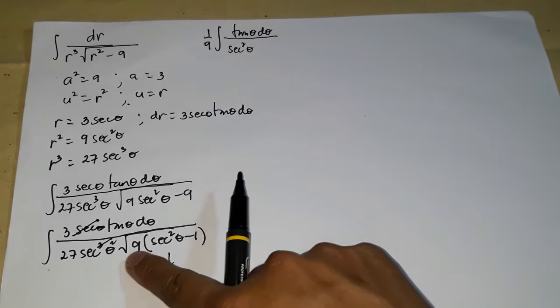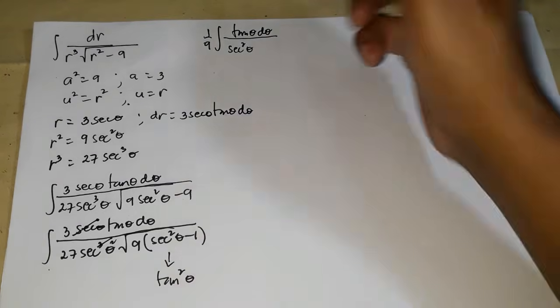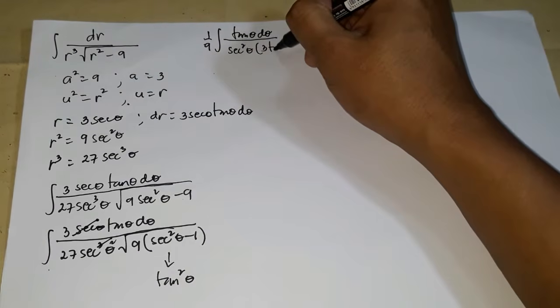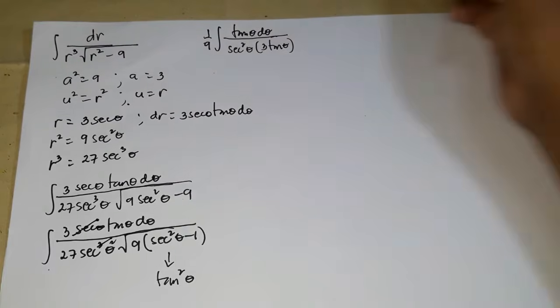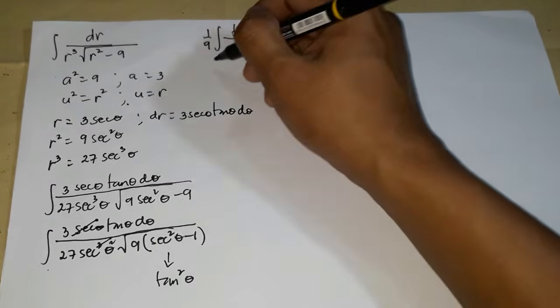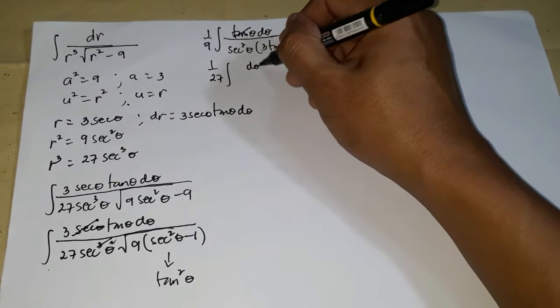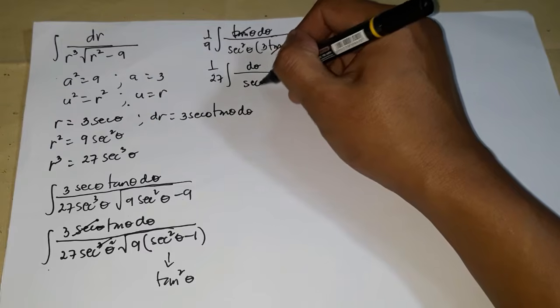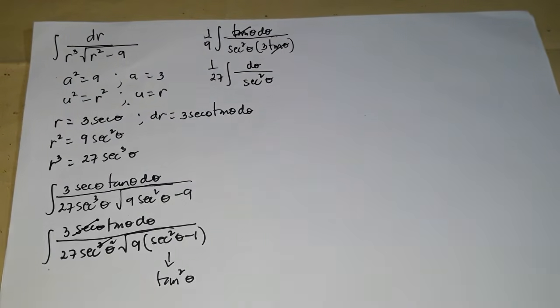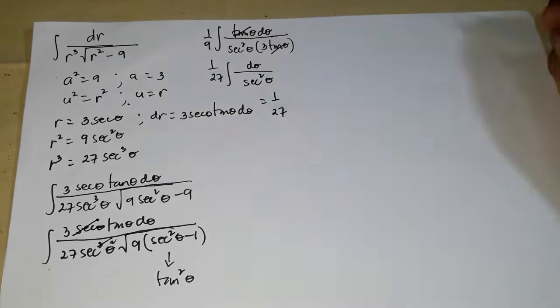And then the square root of 9 tangent squared theta is 3 tangent theta. And then you can now drop this off. So you can just write out 1 over 27 integral of what is left, d theta all over secant squared theta.